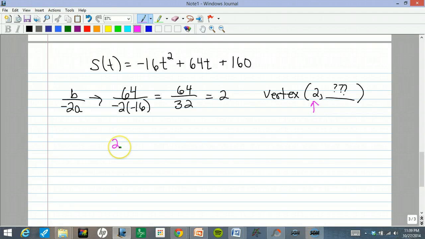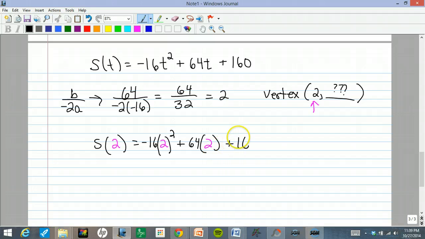So I'm going to kind of do things different here. Let me fill this in. Alright, so s of 2 equals negative 16 times 2 squared plus 64 times 2 plus 160.